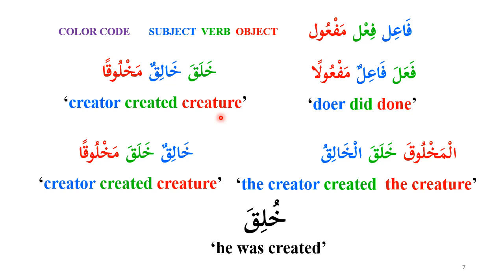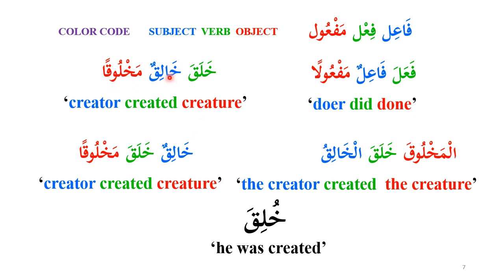But in Arabic, it's not like that. The subject and the object are shown by the tashkil, and khalaka khaliqun makhluqan would mean the creator created a creature, makhluqan means creature, right?